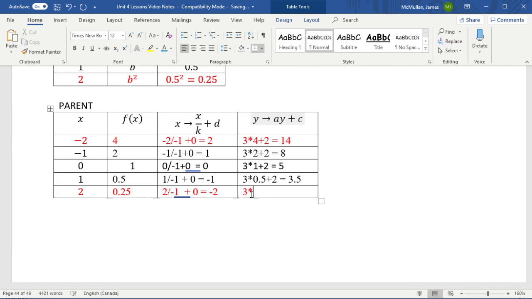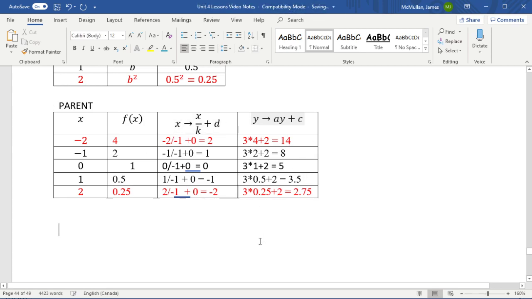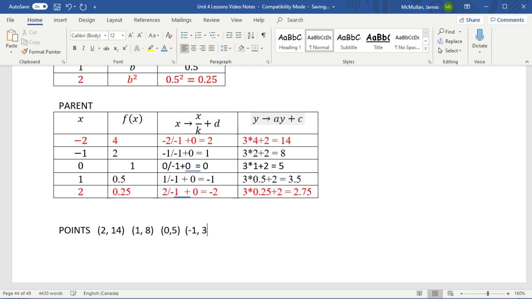And finally, 3 times 0.25 plus 2 is equal to 2.75. Okay, so those are all the points I have. So my points are (2, 14), (1, 8), (0, 5), (negative 1, 3.5), and (negative 2, 2.75).